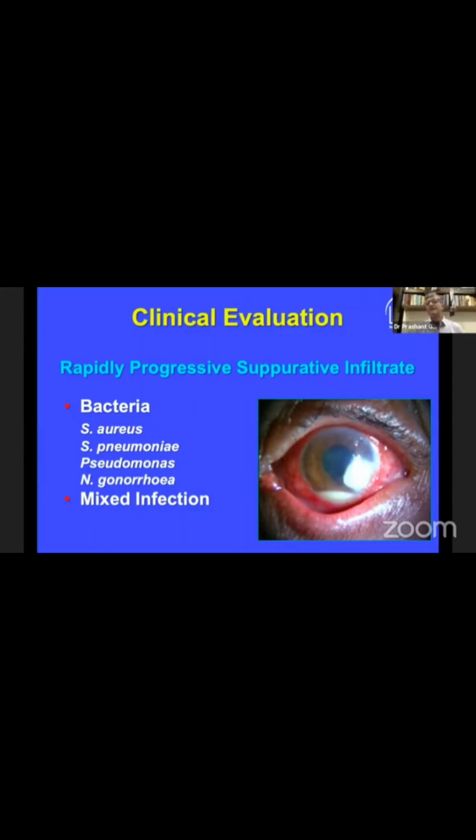Even to the extent that if you are dealing with a case of parasitic or fungal keratitis and they suddenly show a rapid deterioration in clinical picture, it is indirect evidence that there is probably a secondary infection by bacteria. And all of those patients must be investigated and corneal scraping should be done in order to arrive at a definitive diagnosis.